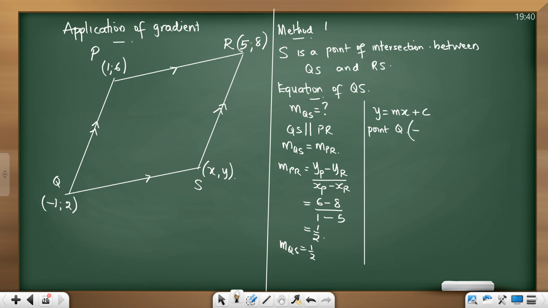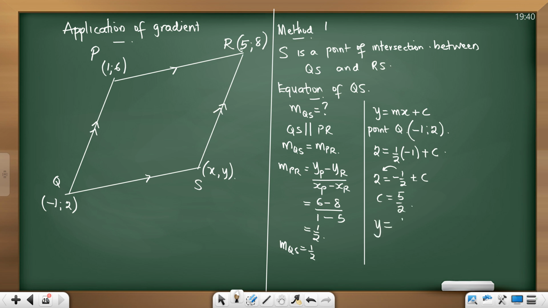I'm using point Q, negative 1 and 2. What is my Y value? 2. Gradient is half, negative 1 plus C. What do I have here? Negative half. If you move it over to that side, what is C? So what's my equation?